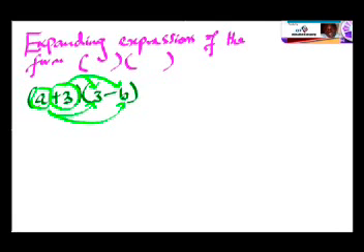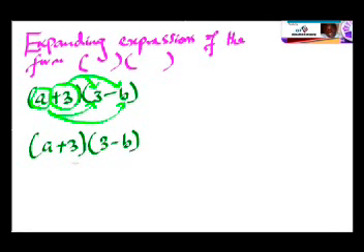Let's see. Our solution here will be, I may want to rewrite the question: a plus 3 bracket 3 minus b, which means I will first of all take the first term, which is a times 3. You have 3a, then a times minus b, you have minus ab. Now plus 3 times 3 will give us plus 9, plus 3 times minus b will give us minus 3b.